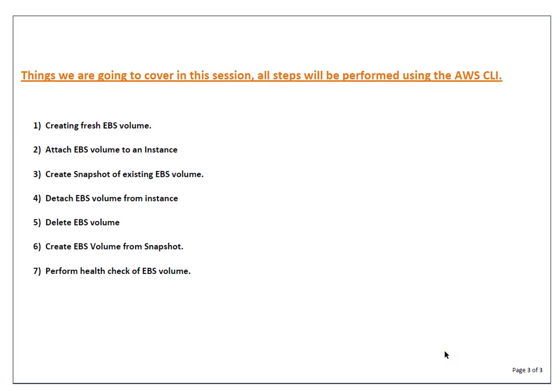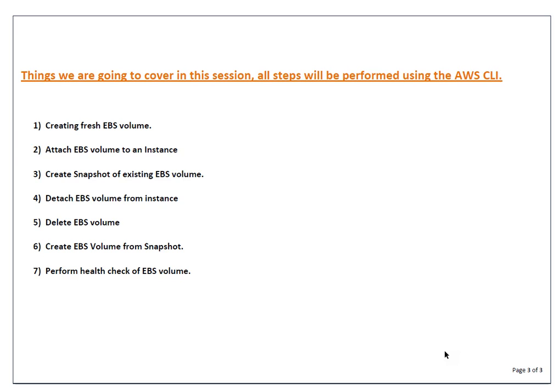In this session, friends, we are going to cover the following things using Amazon CLI. We are going to create a fresh EBS volume. Then we are going to attach that volume to an instance. After that, we are going to create a snapshot of an existing EBS volume. Then we are going to detach the volume.